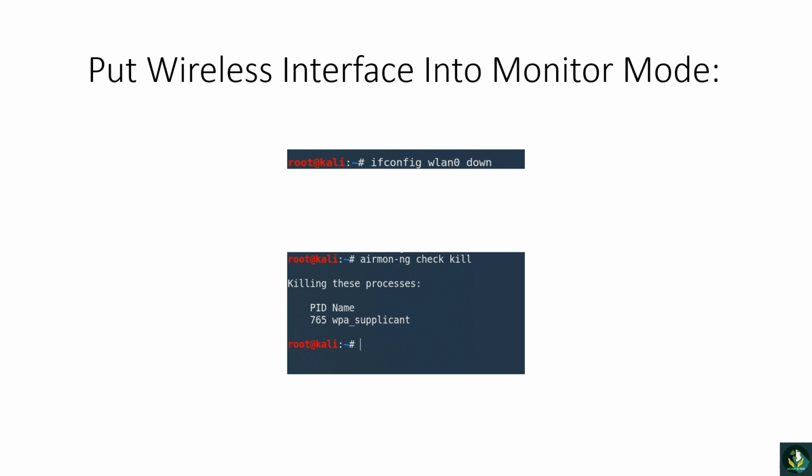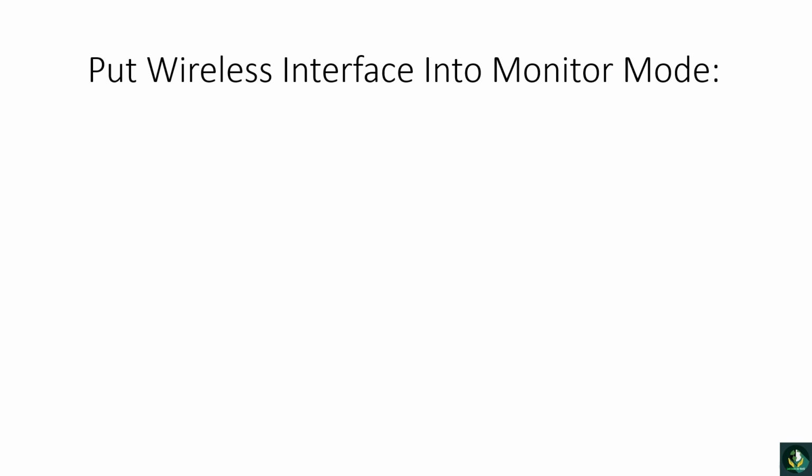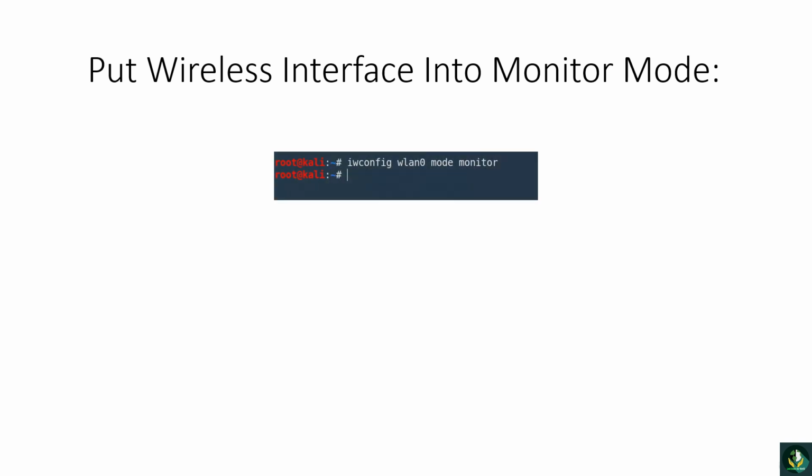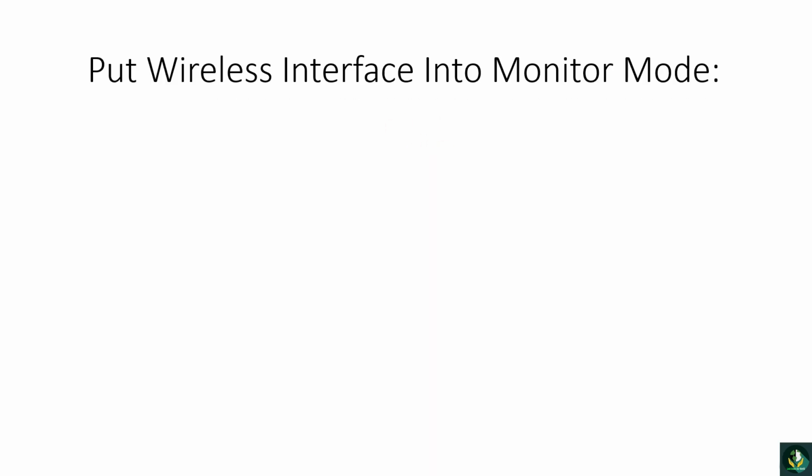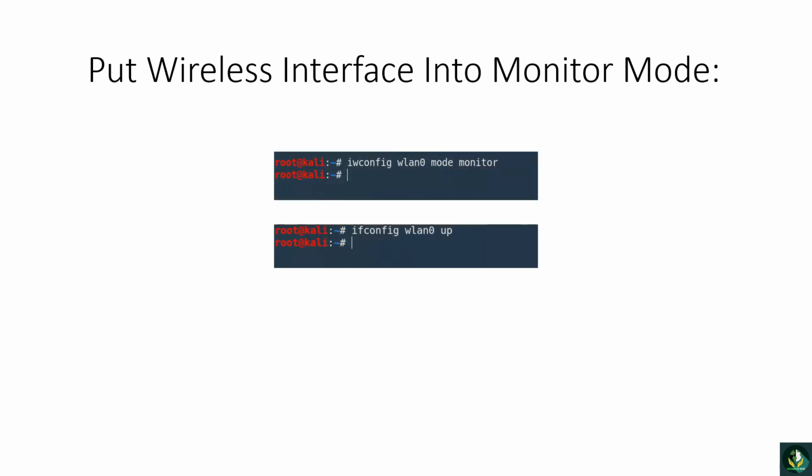This command, airmon-ng check kill, will kill the processes, and then iwconfig wlan0 mode monitor will enable monitor mode, where wlan0 is the name of your wireless interface card. As I said, it could be different, and I will show you later why this may vary.